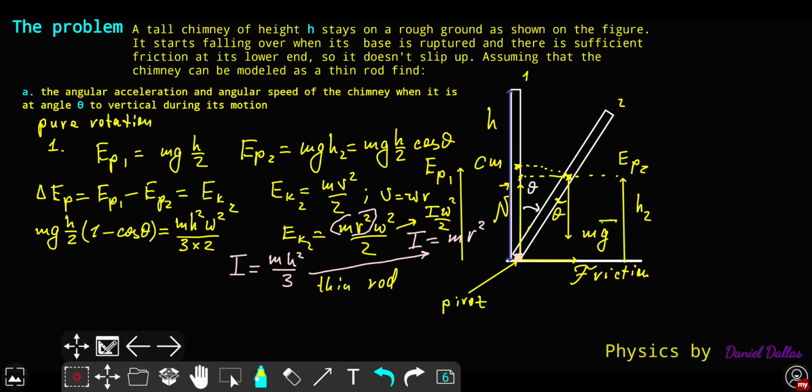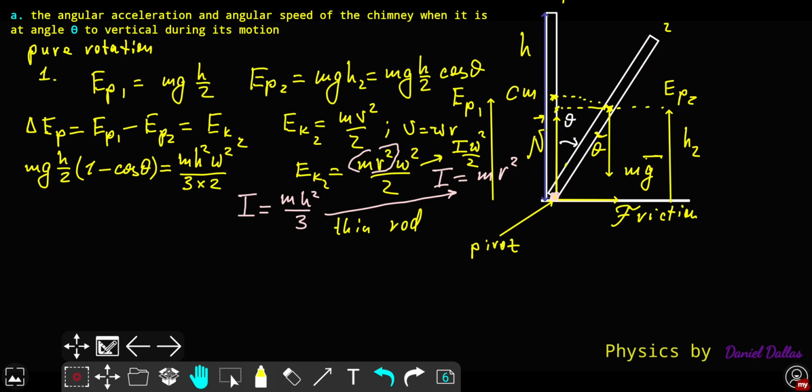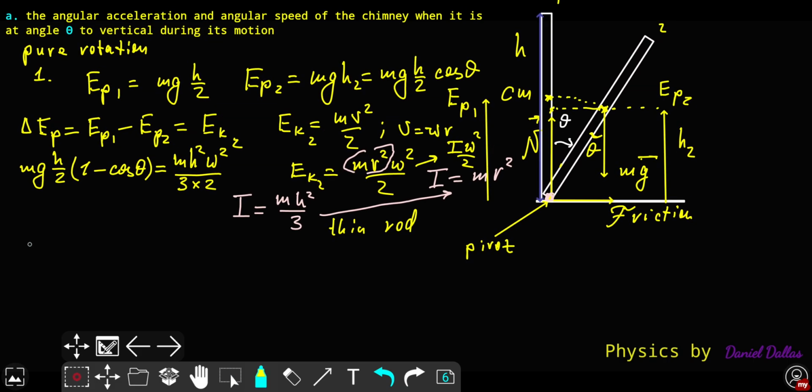So let's cancel for a while, and probably expand a little bit. And we will have the following: the mass will be cancelled. We'll have g times 1 minus cos theta equal to h omega squared over 3.